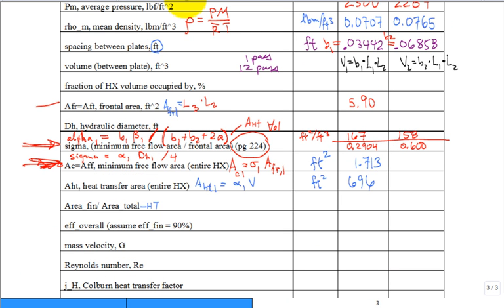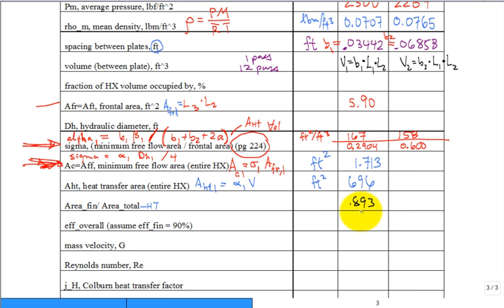0.892, whatever it was. Okay, if you assume that the fin efficiency is 90%, which is a pretty good guess, so to speak. I know that you can do it brute force, but I wanted to not spend too much time bogged down on calculating a single fin efficiency. So let's just say it's 90%.